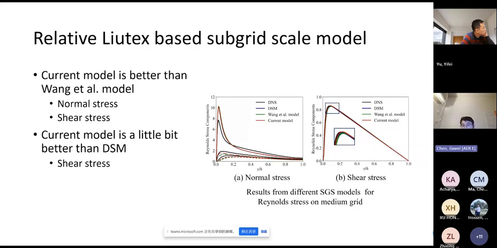And in figure B, for shear stress on the right, again, our model shows improvement, particularly in the near wall region, where accurate prediction is most challenging. And these results confirm that our model provides reliable predictions for the critical Reynolds stress components in wall-bounded turbulent flows.